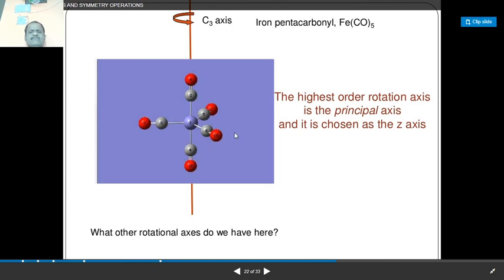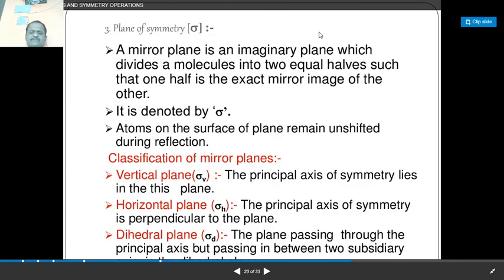Now here the highest order rotation axis is called the principal axis. So when you pass an axis between the axial CO and Fe, you will get a C3 axis of symmetry in iron pentacarbonyl. That you have to remember. Okay.